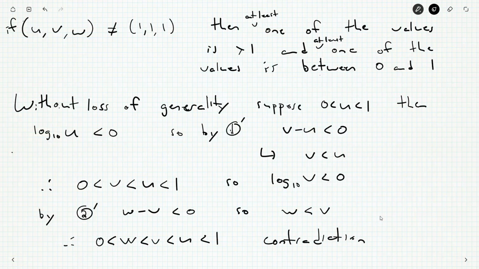You can't have a product of things that are all less than 1 and positive be equal to 1. So just remember u, v, w equals 1. u, v, and w all have to be positive. So this is an impossibility.